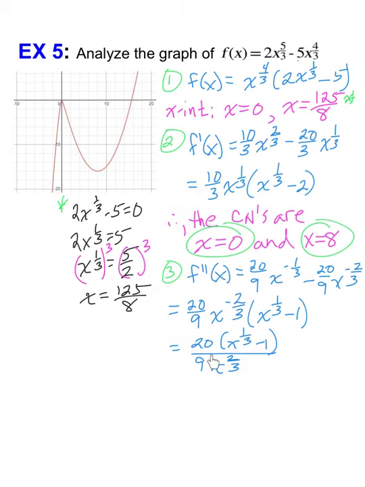So because if x were 0, it would cause the denominator to be undefined. Remember, that's one of the things in that very first slide that I showed you that could cause a point of inflection. So although it doesn't create a 0, it creates an undefined value. So therefore, possible points of inflection. We won't know till we look at our table. And it's hard to look at the graph and determine it as well.